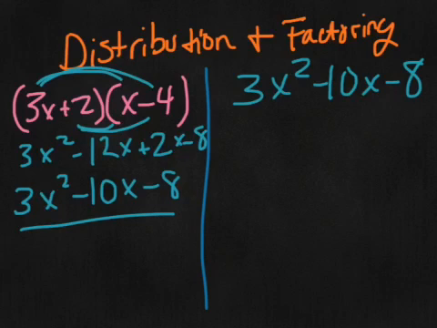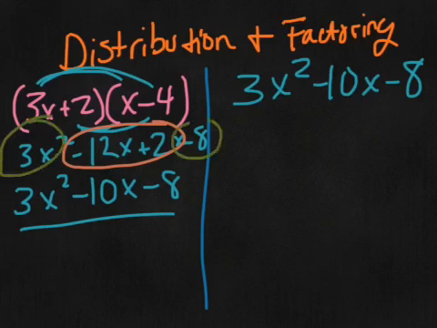And what happens here is that these middle two terms have the same product as the outside terms. They have the same product. So negative 12 times 2 is negative 24, and so is 3 times 8. And even as far as taking the variables into consideration as well, negative 12x times 2x is negative 24x squared. 3x squared times negative 8 is also negative 24x squared.